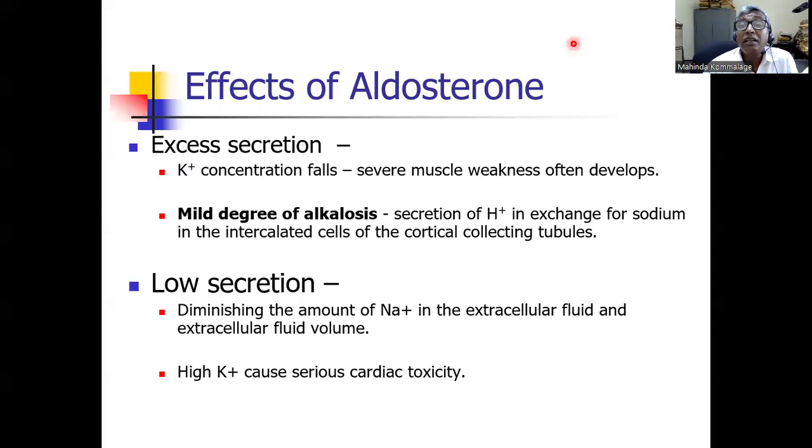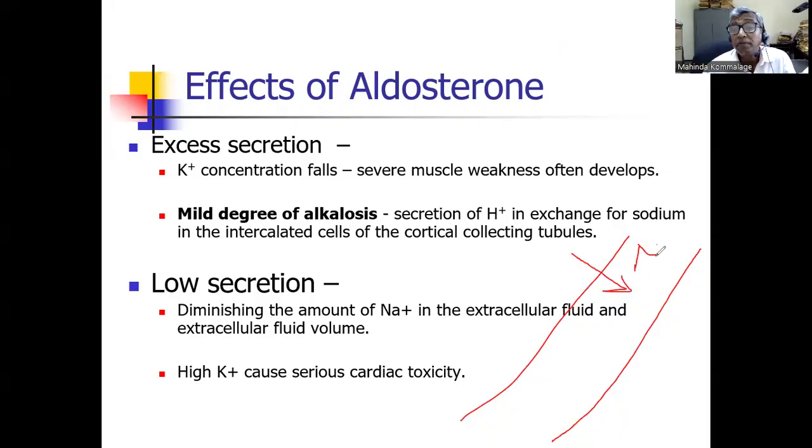Actually, when I draw the renal tubule again, as I mentioned earlier, we can absorb sodium, and with the aldosterone action, potassium will be removed. When the potassium is removed, it will be compensated with H plus.